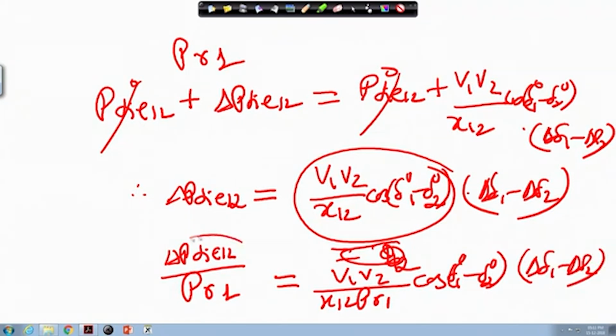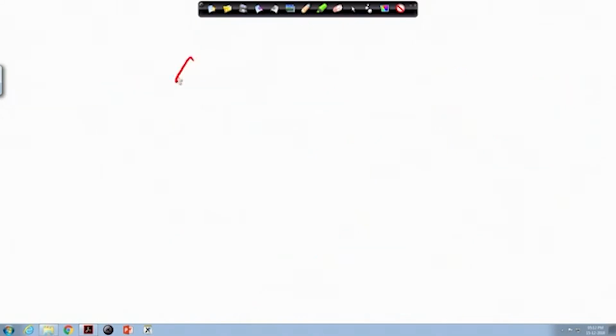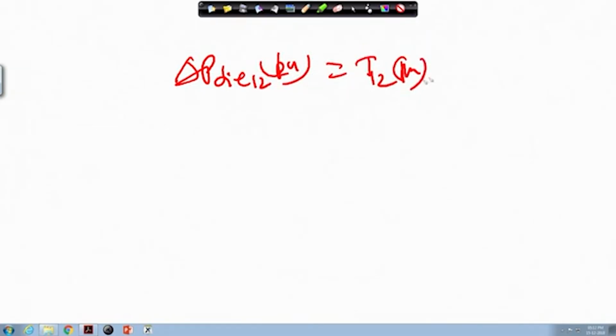That means this is now in per unit, and this synchronizing coefficient will also be in per unit, because V1 V2 upon X12 is an expression of power. Therefore, we can write that ΔP_tie12 in per unit is equal to T12, also in per unit, times (Δδ1 − Δδ2).